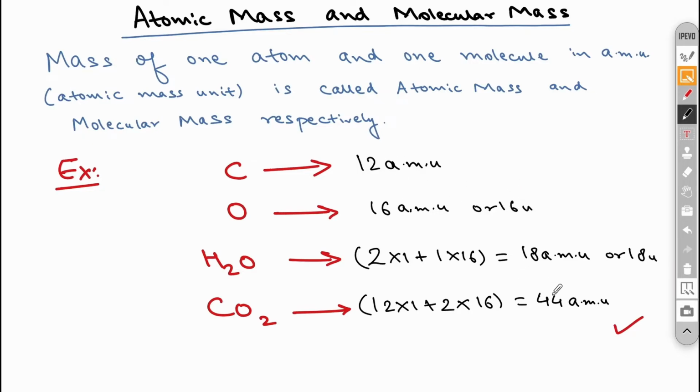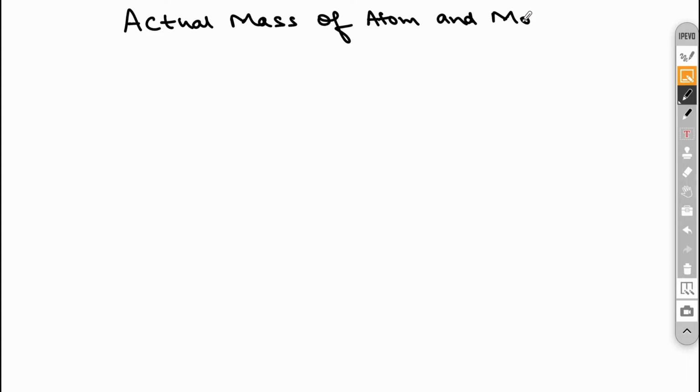Now moving further, we'll talk about actual mass of atom and molecule. So I'll discuss the definition first, then we'll move to the example. So actual mass of atom and molecule.